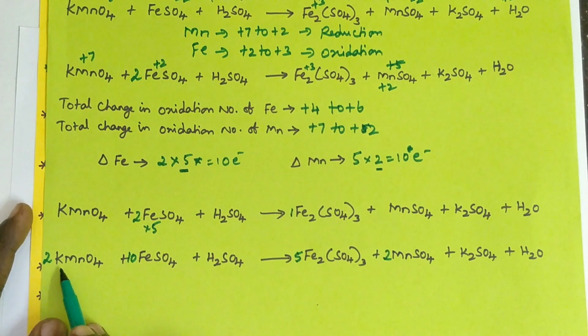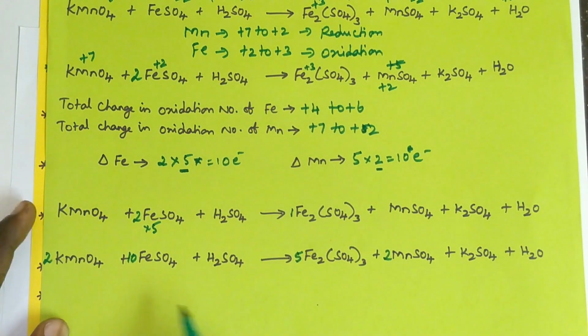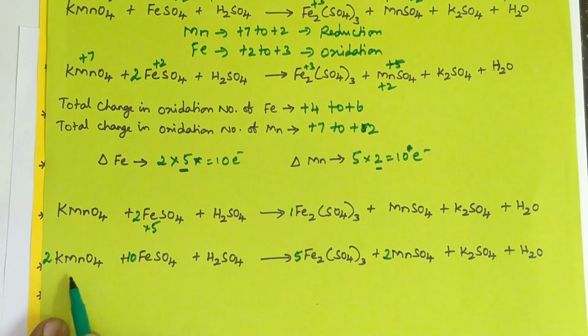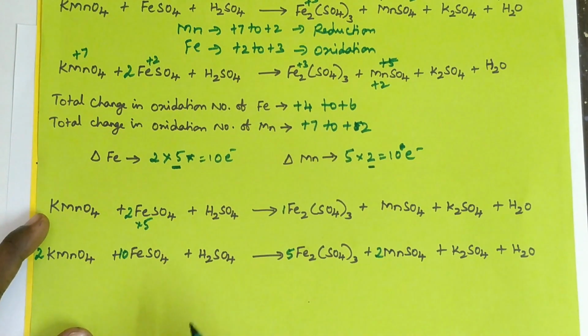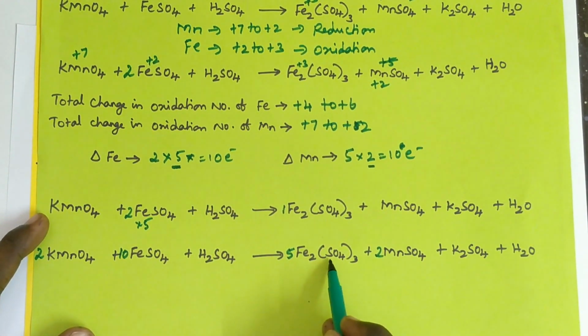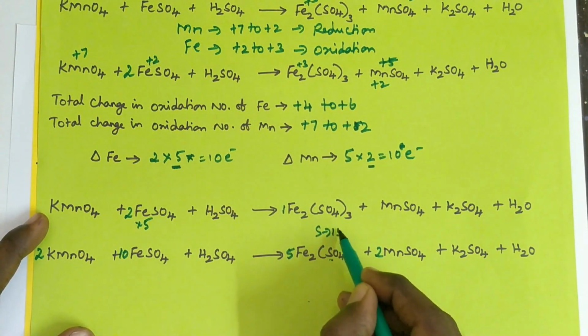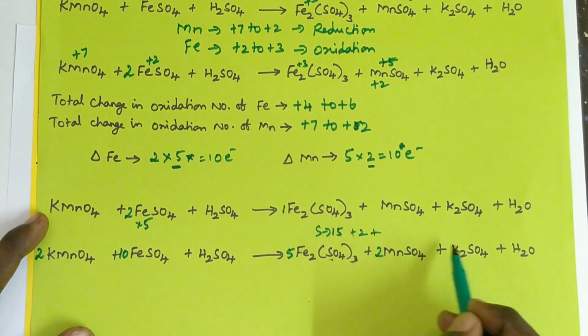Next we have to balance other atoms, other than oxygen and hydrogen. So we check potassium, K2. Here K2 is balanced, iron is 10, balanced. In case of manganese, 2 Mn, so manganese is also balanced. But you have to see sulfur, S. So sulfur here 3 into 5, so S is 15, plus 2, plus 1.